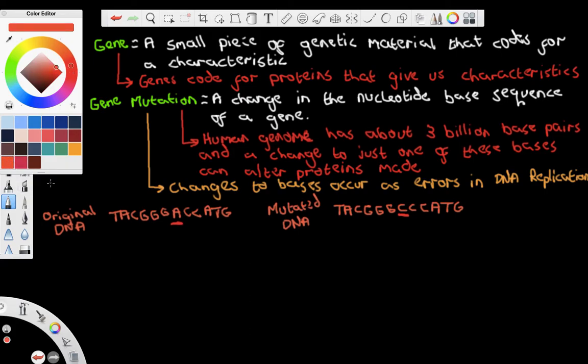Now, if we think about this in a step-by-step process, this will change the molecules being made. So, for example, our original mRNA that would be produced from this DNA would be AUG, then it would be CCC, then it would be UCC, UAC.